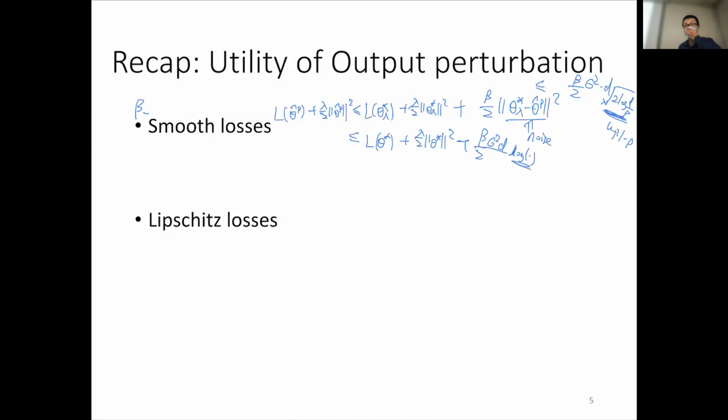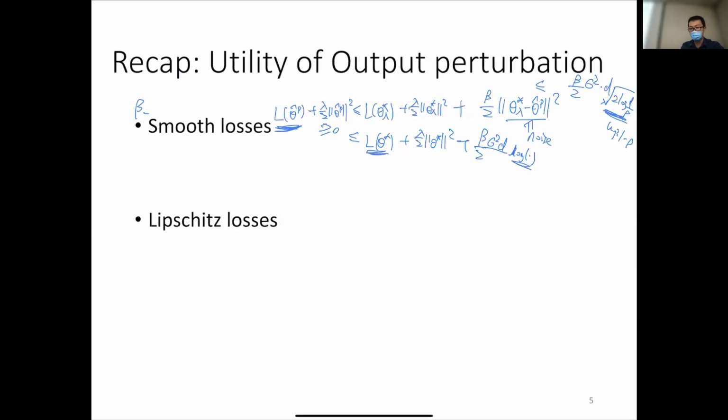Okay, and this is by the optimality of theta star lambda on minimizing this regularized objective function, and once we have this, we are already ready to substitute everything that we have, because this is larger than 0, right? So the left hand side is this, and the right hand side is what we want.